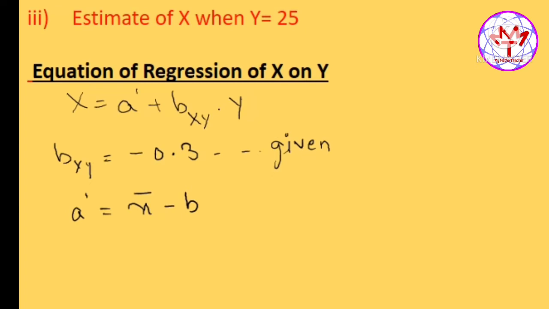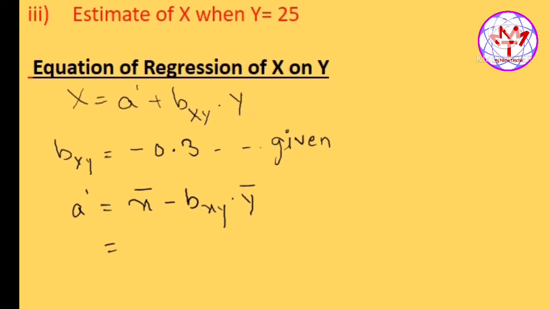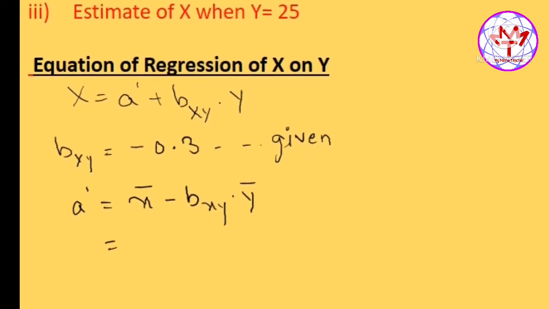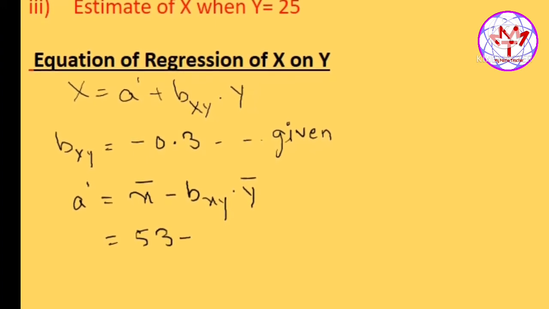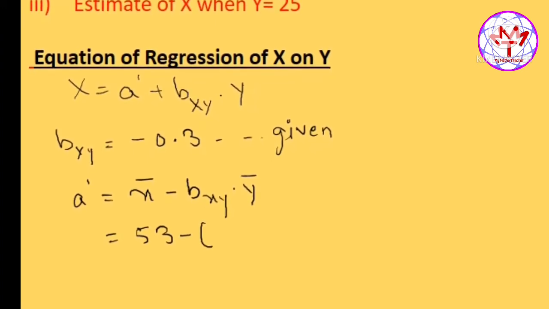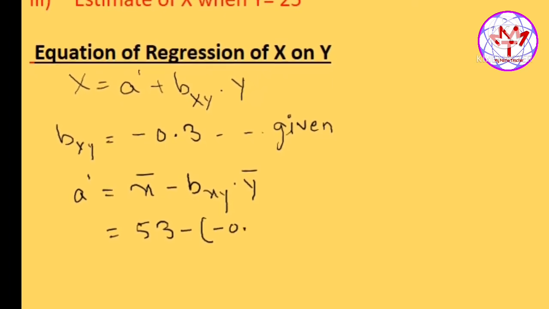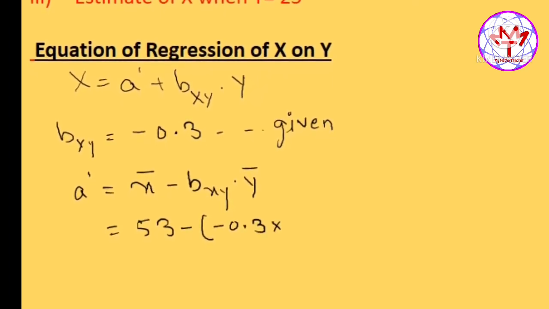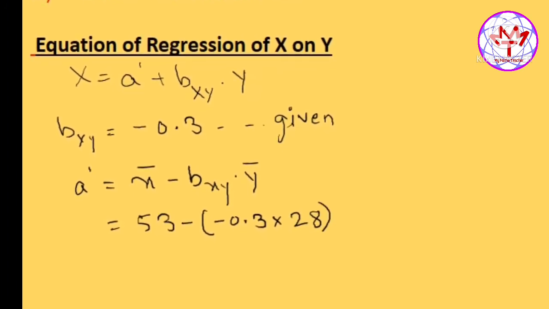a dash is equal to x bar minus bxy into y bar. Let us substitute the values of x bar, bxy and y bar. So your x bar is 53 minus bxy, which is given as minus 0.3, into y bar, which is 28.